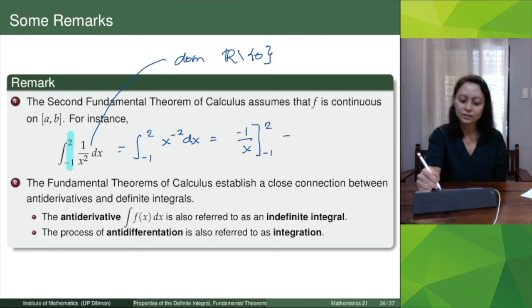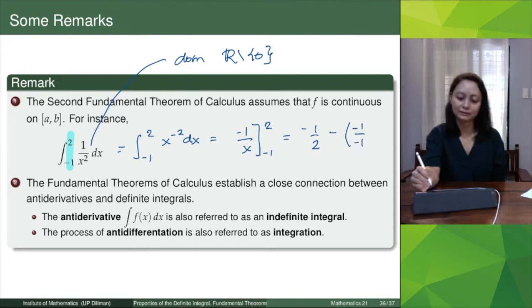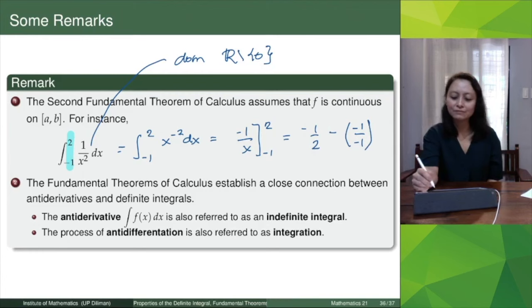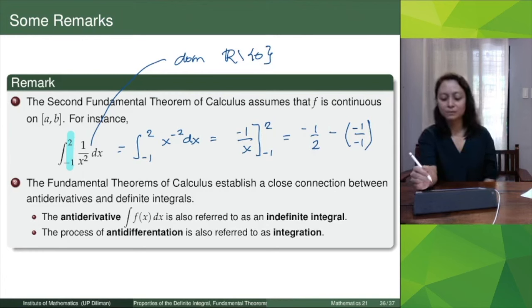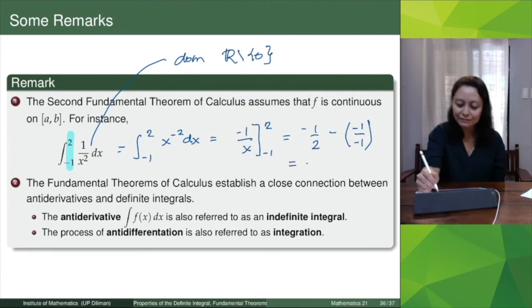Okay? So, this will be negative 1/2 minus negative 1 over negative 1. Okay? Hindi ko pinactor out yung negative. So, this will be positive 1. Negative 1/2 minus positive 1 is negative 3/2.